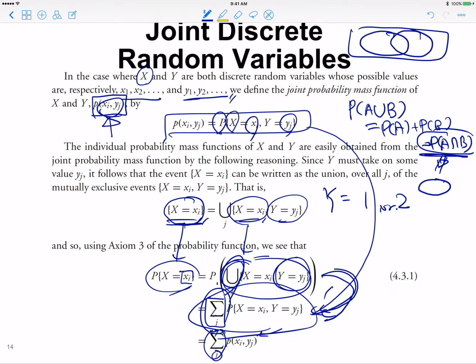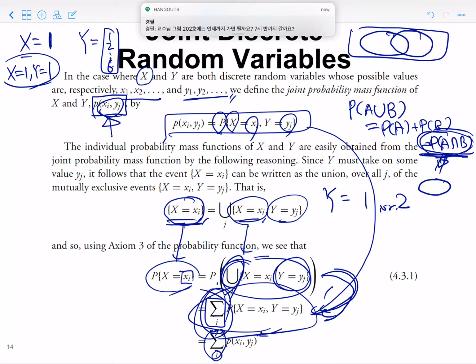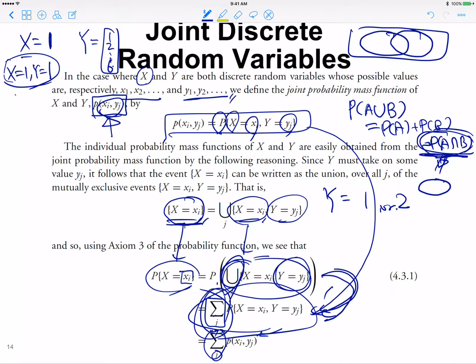Suppose x and y are the two values of dice rolling. Then suppose x is fixed at 1, and then we consider all the possible y values, 1, 2, 3, 4, 5, 6. That corresponds to this sum. The reason this term is 0 is because the event x being 1 and y being 1, and the event x being 1 and y being 2, cannot occur at the same time.